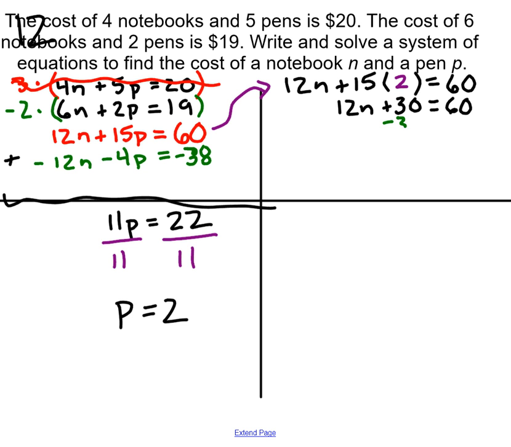So I get 12N equals 30. Divide both sides by 12. And I get N equals, if you use your calculator, do 30 divided by 12, it winds up being 2.5.